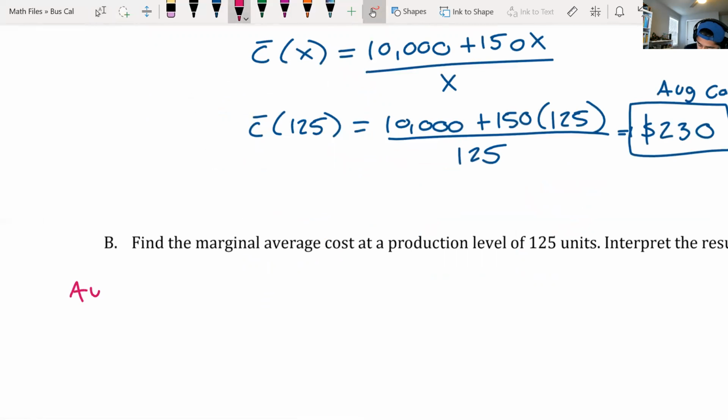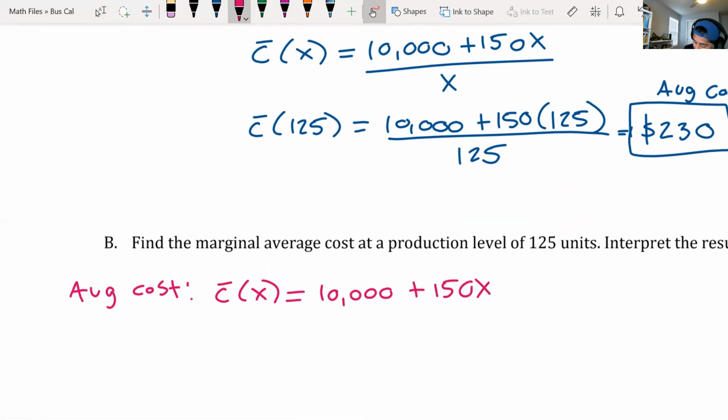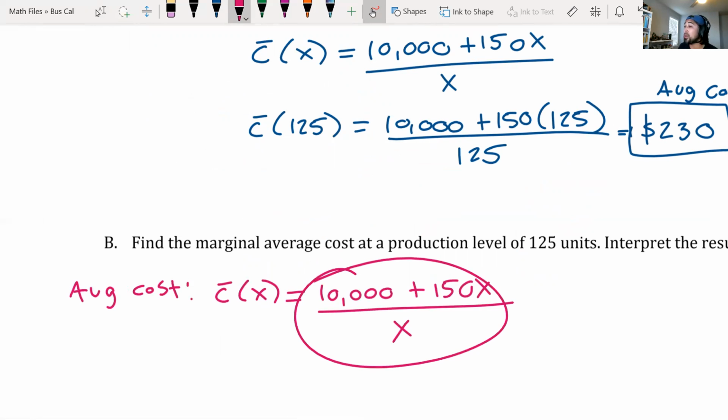Average cost, the same one from above, which is C bar of x equal to 10,000 plus 150x over x. And now our job is to take the derivative of this function. But we can't take the derivative in this form.